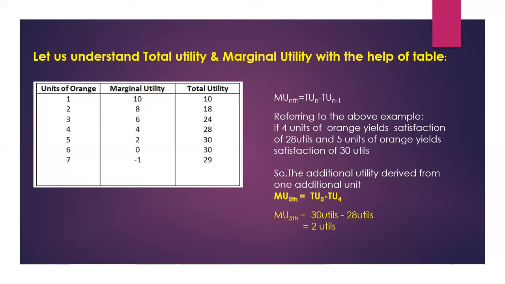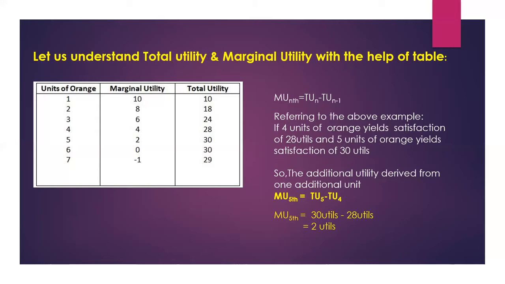As per the formula, the marginal utility of the fifth unit is 30 utils minus 28 utils, so we derive 2 utils. That means from consuming 4 units of orange to 5 units, one extra, we are deriving a satisfaction of 2 utils. This is how marginal utility is calculated.